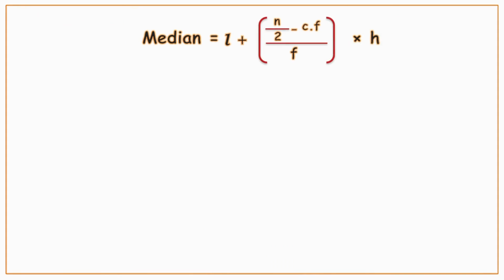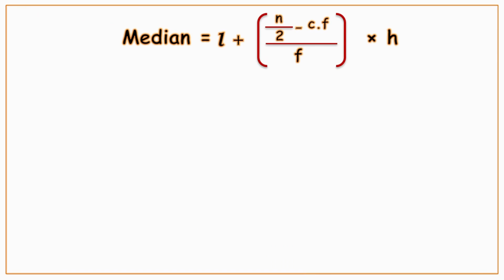Now let us again look at the formula. Median is equal to L plus (N by 2 minus CF, that is the cumulative frequency) by F, into H. Here L is the lower limit of the median class.